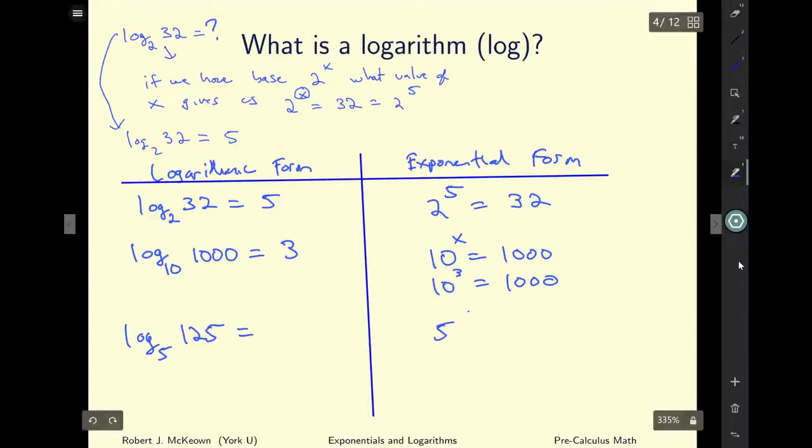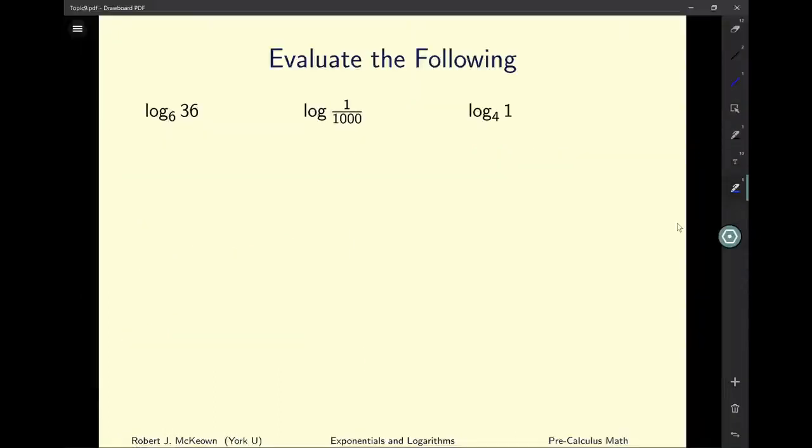This would be like, I've got 5^x = 125, and you should be able to see that x is going to be equal to 3. So again, we have log base 5 of 125. If I want to go 5 to the exponent of something so that it's equal to 125, it's going to be 3.